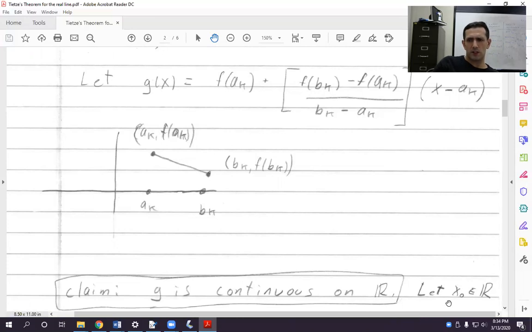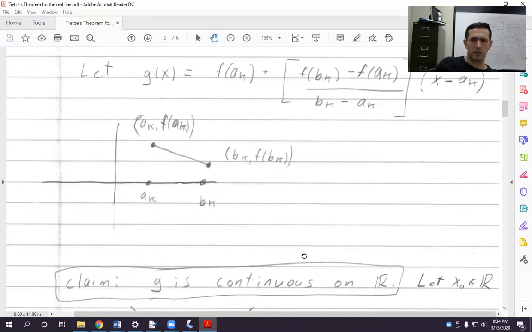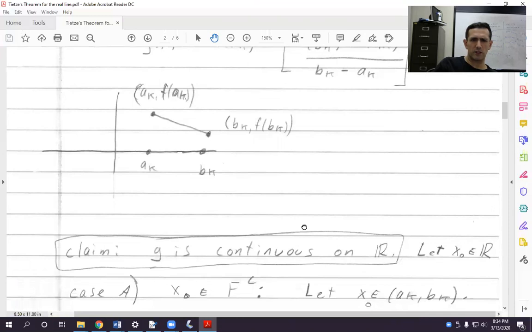Right? So let's just say x_0 is in R, and let's get rid of the very easy case, which is x_0 is in F complement. In that case, F complement is a disjoint union of these intervals. So let's say x_0 is in one of these intervals.